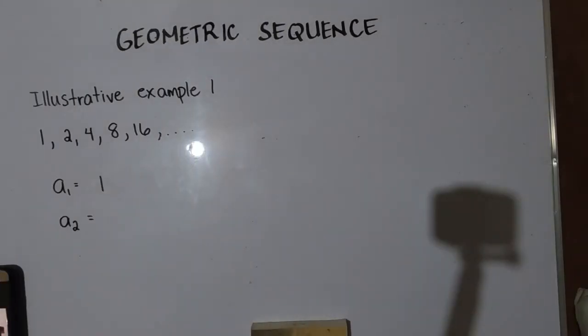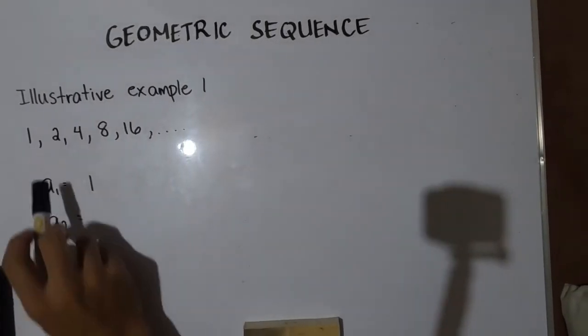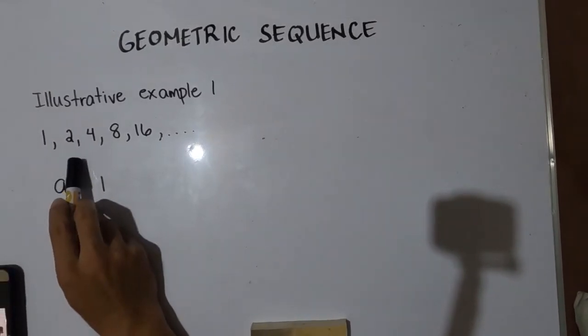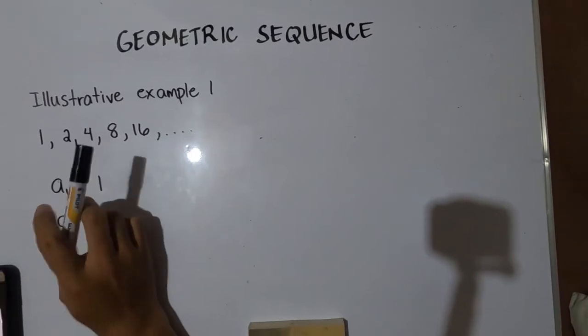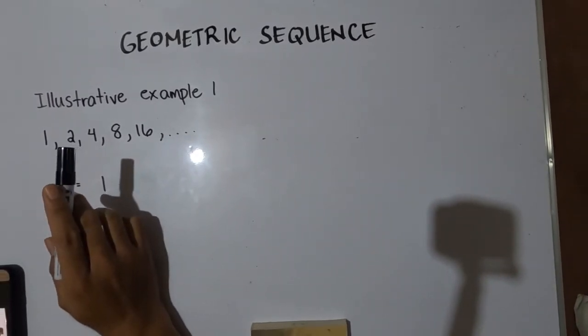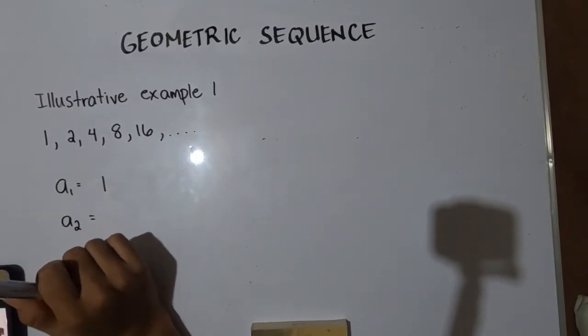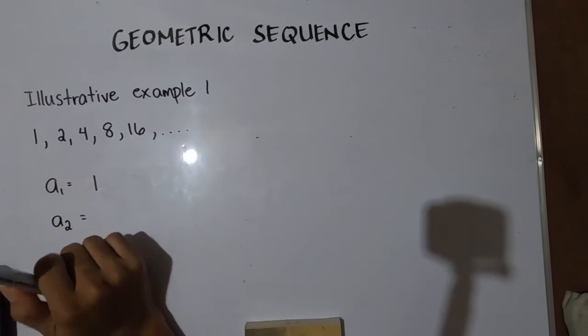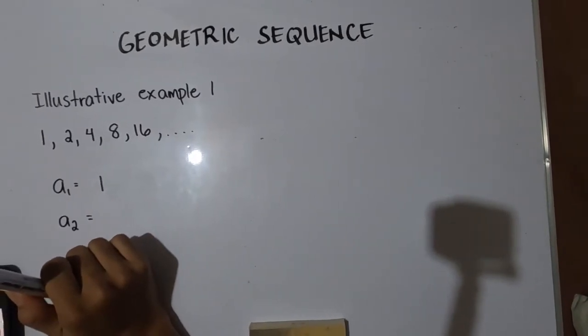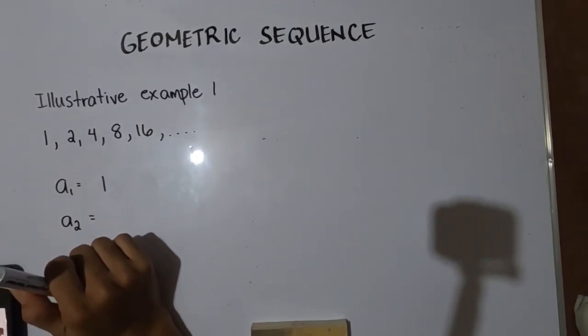Let's try to verify if the sequence 1, 2, 4, 8, 16 exhibits geometric sequence. Remember, the definition of geometric sequence is it is a sequence whose terms after the first is obtained by multiplying a constant number that is called the common ratio.